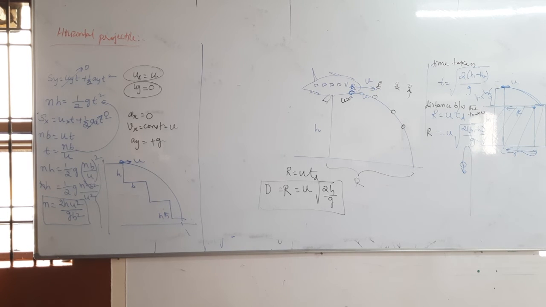Another stone is thrown towards north with velocity u2.